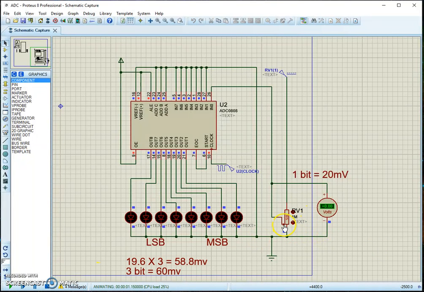If you see 0 volt, if I change it, 2 is still 1 bit. As I increase the value, it's slowly rising up. You see, when the voltage is increasing, the binary bits slowly count up, following the increase of the voltage. You see?